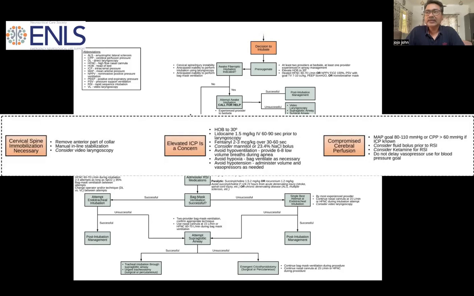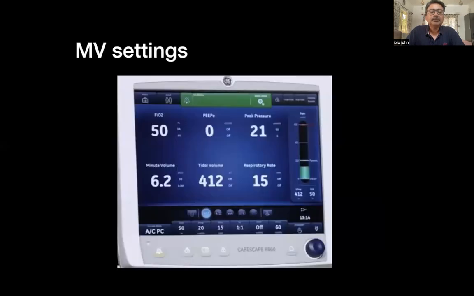You use lidocaine as pre-medication before laryngoscopy and can use rapid sequence induction, which may be modified to use ketamine as an induction agent if your ICP is actually elevated and you need to avoid hypoxia and hypotension at any cost. Consider fluid loading these patients before induction and consider having an arterial line before intubation and having a pressor ready in case they have hypotension.